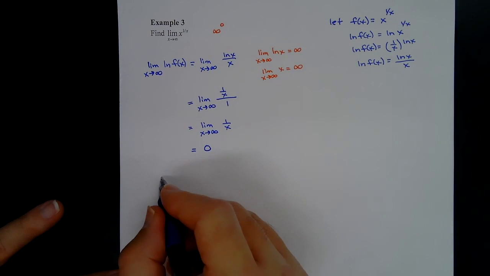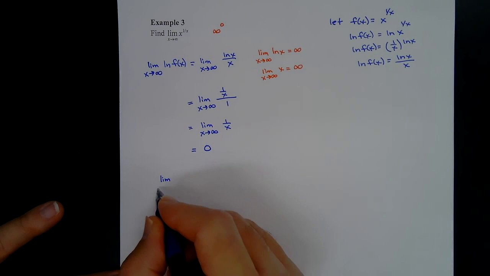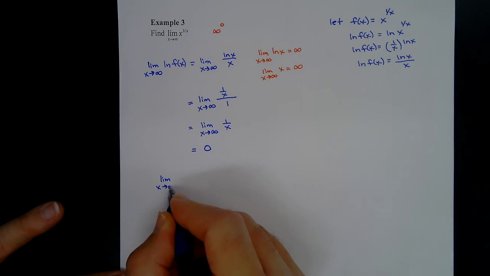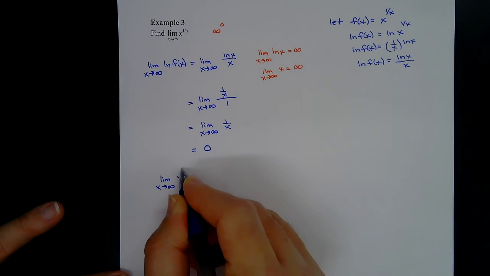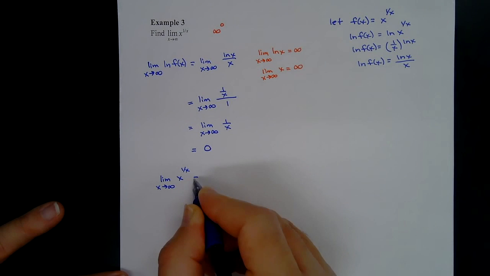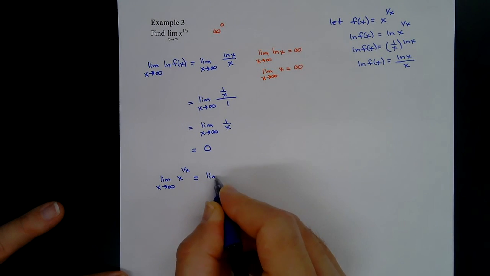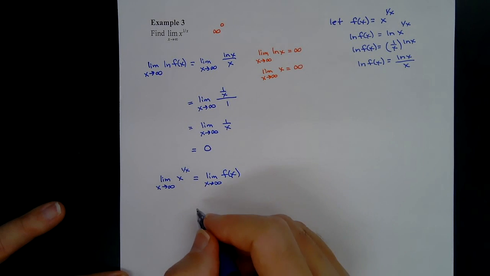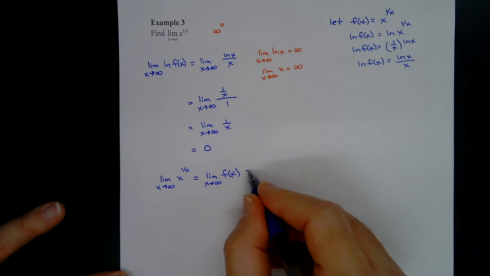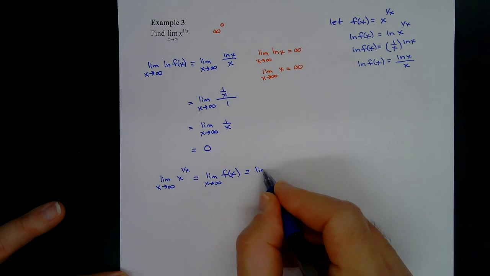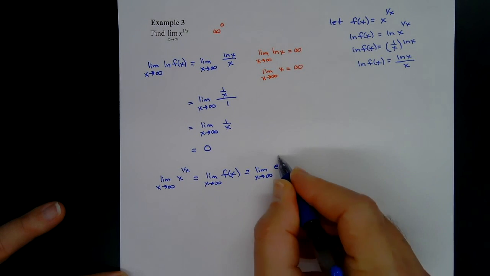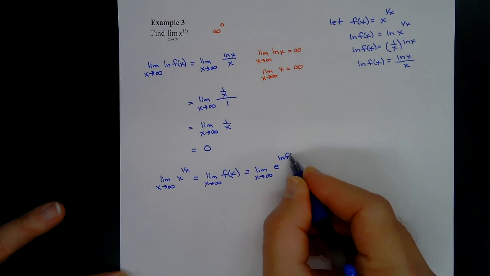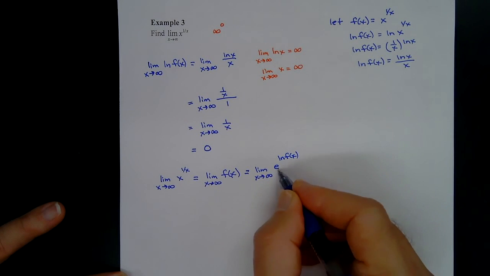So we can say the limit as x approaches infinity of x raised to the 1 over x power is equivalent to the limit as x approaches infinity of f of x, which can be rewritten as the limit as x approaches infinity of e raised to the ln of f of x, because they're going to undo each other.